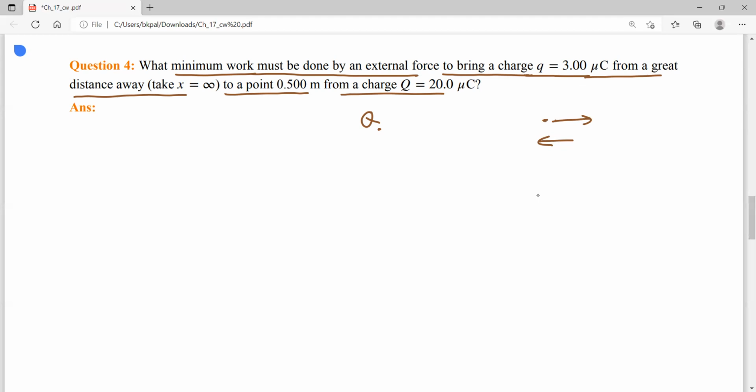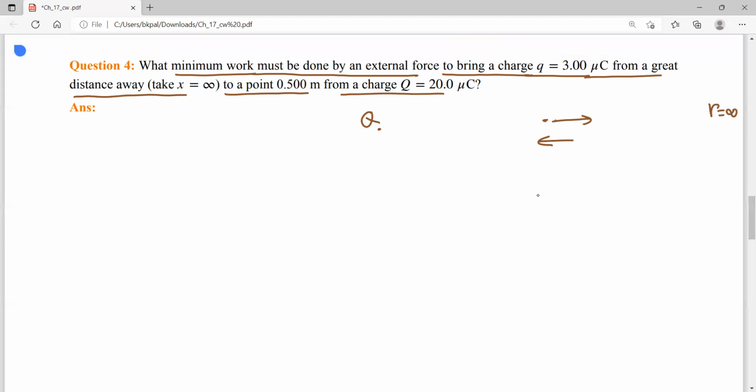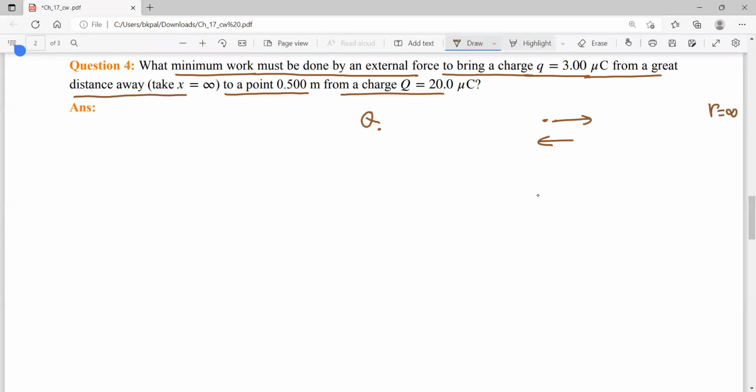Now the situation says that you start from r equal to infinity, from a long distance. You are trying to bring a charge q to a distance here, and this distance is 0.500 meter.